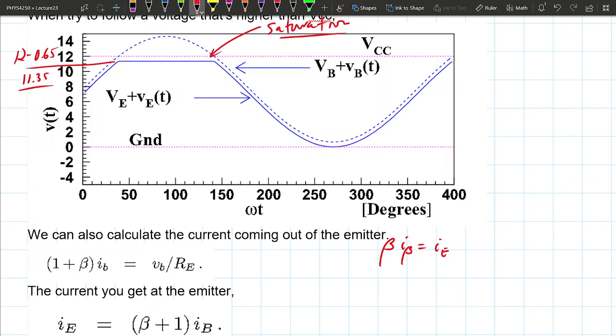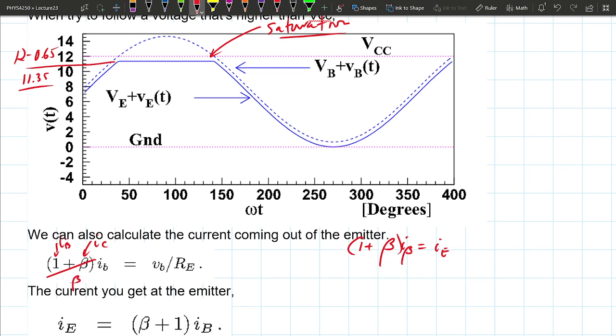In fact, it's technically 1 plus beta, because this is the current from the base, and beta times that is the amount of current from the collector. But since beta is like 100, 100 plus 1 is basically 100. So a lot of times you can just say that that's basically just beta.